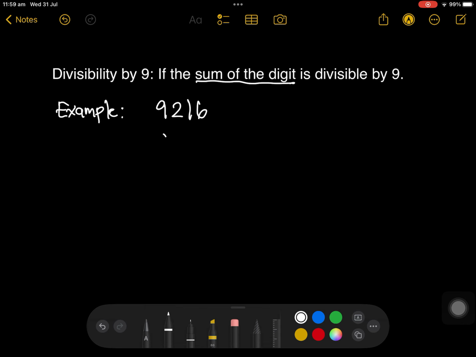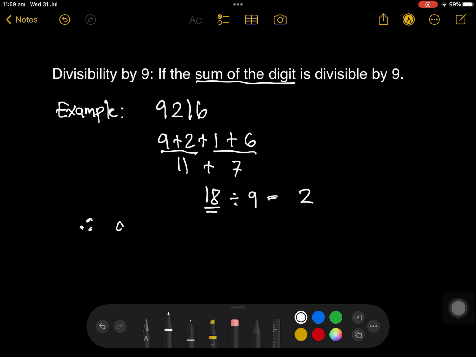You get the sum of the digits: 9 plus 2 plus 1 plus 6. 9 plus 2 is 11, and 1 plus 6 is 7. 11 plus 7 is 18. So 18 is divisible by 9, which is 2.